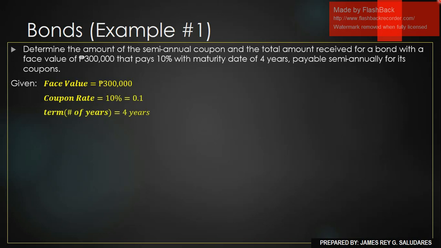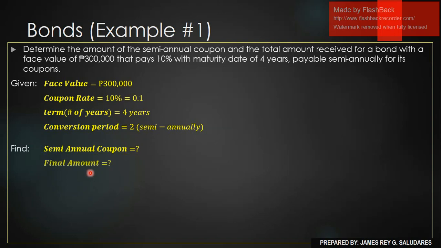The term, number of years, is 4 years. Okay. The conversion period or your M is 2. Okay. Since there are 2 semi-annual periods in a year. So, how much is your semi-annual coupon and the final amount you will receive? Okay. The question is, find the semi-annual coupon and the total amount or the final amount.